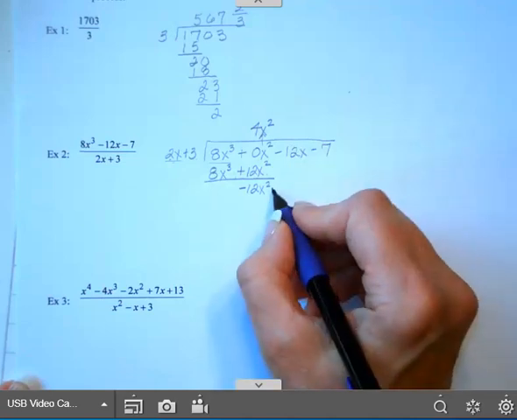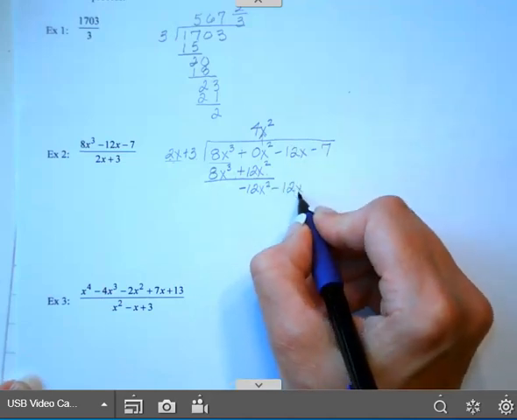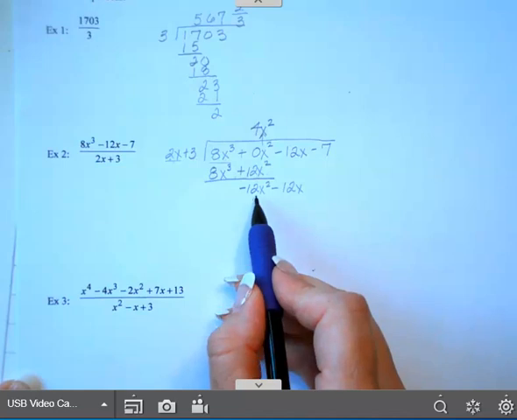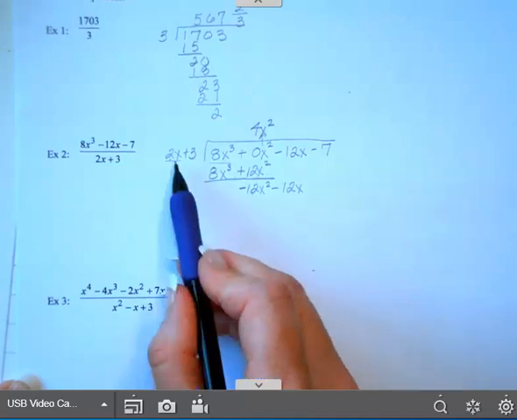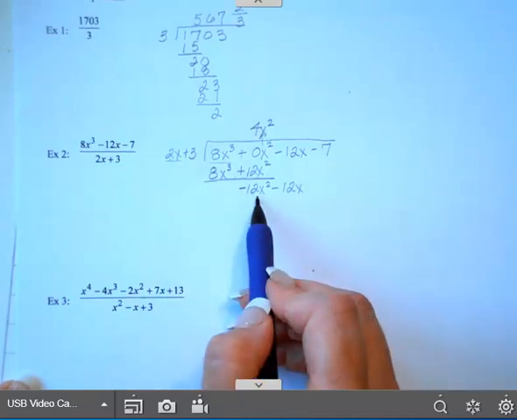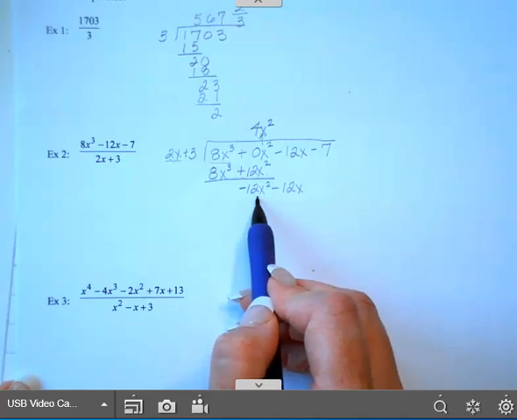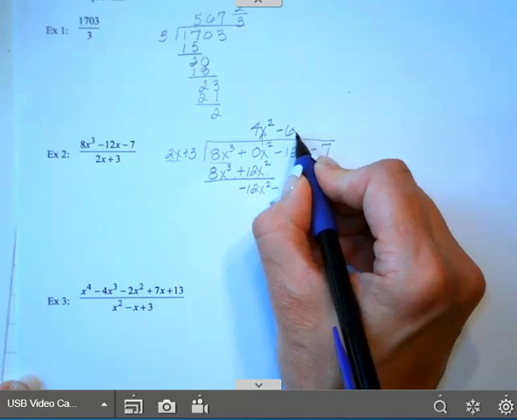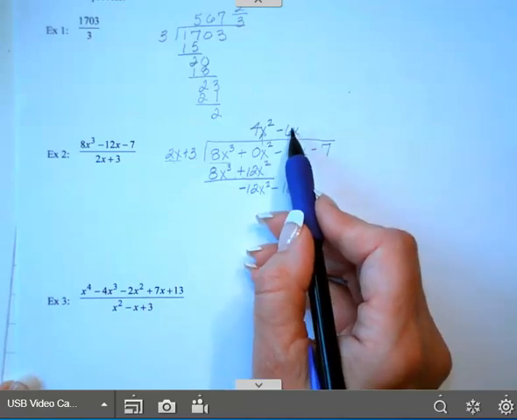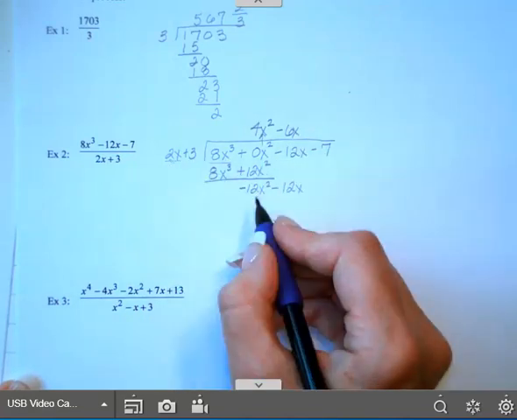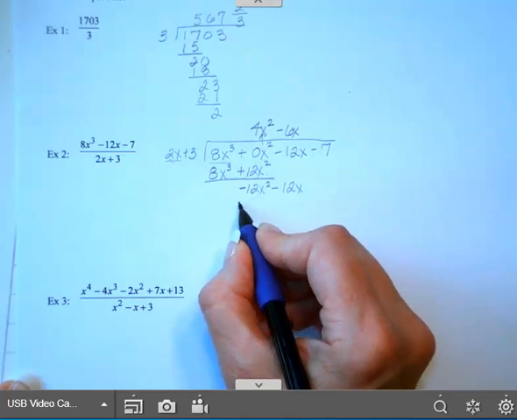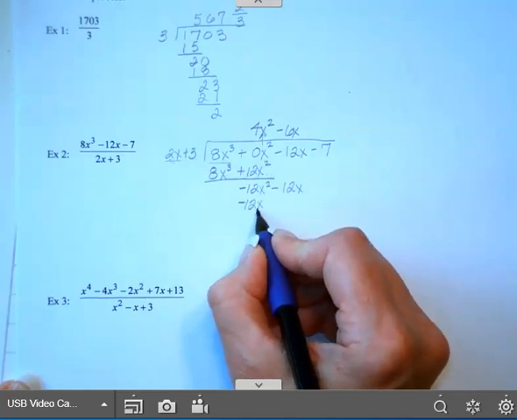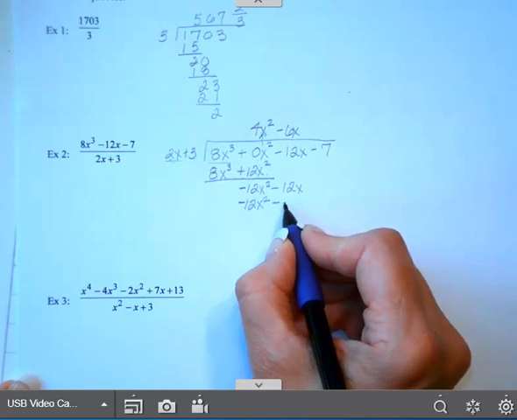And then I drop down my next term. And I'm still working with the left term. So 2x times what gives me negative 12x squared? And that's going to be minus 6x. And so I'm going to multiply minus 6x with both of these terms and write underneath here. So that'll be negative 12x squared minus 18x.